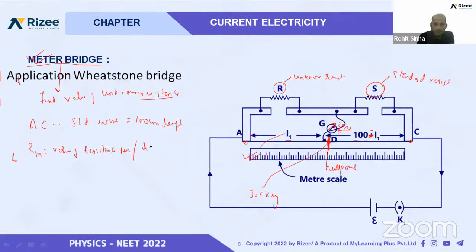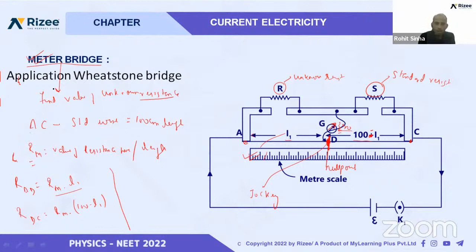To find the resistance of A to D, we multiply RM by the length of the wire A to D, which is L1. So we get RAD. Now the resistance of D to C is RM into 100 minus L1.